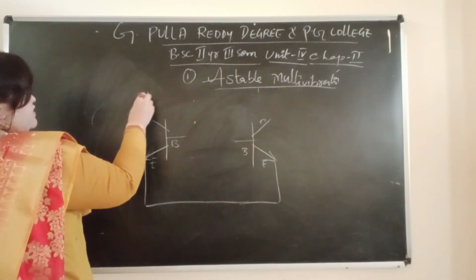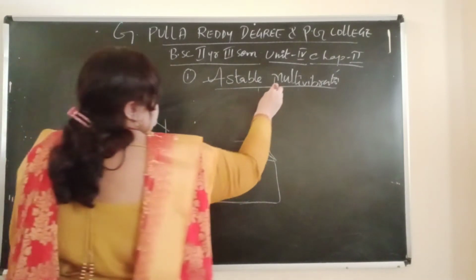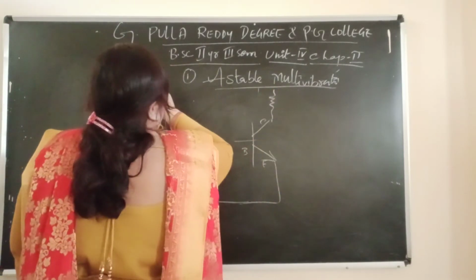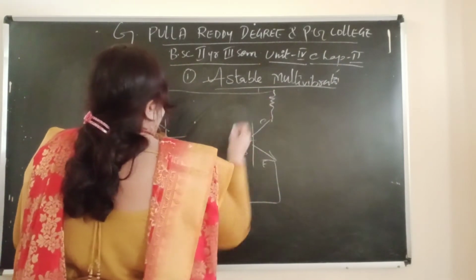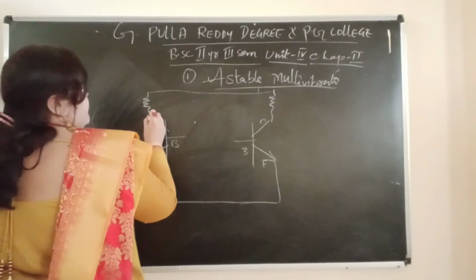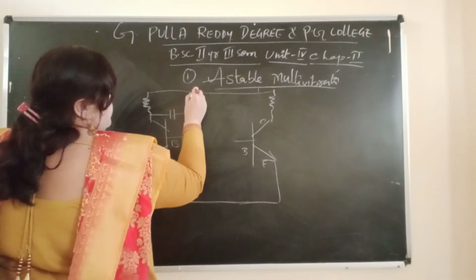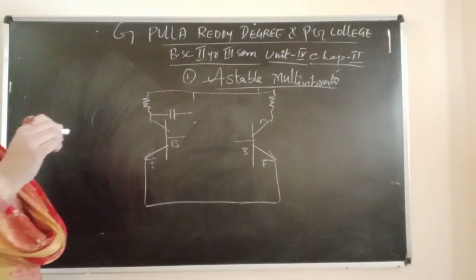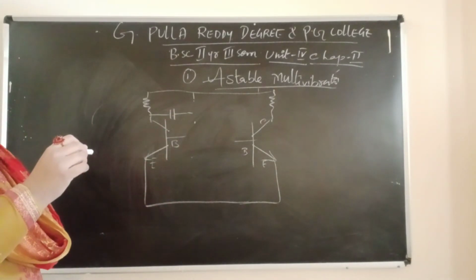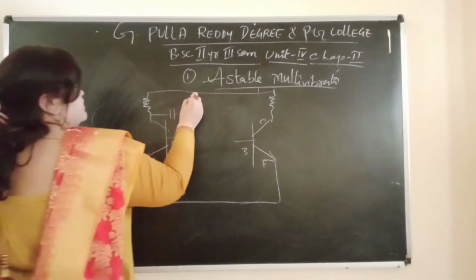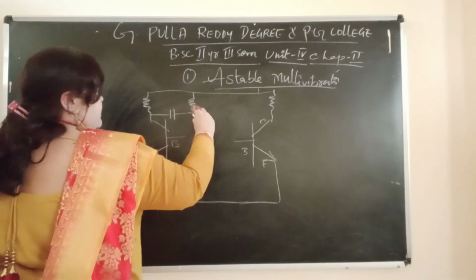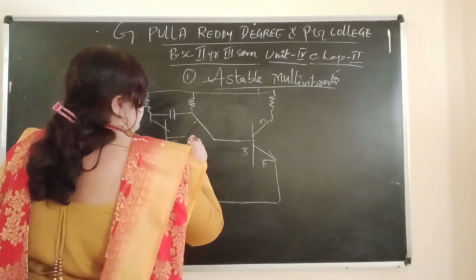Now for this draw one load resistance here, and draw one load resistance. Join them. Then from here draw one capacitor, and a resistor also you should draw, and connect this in cross coupling manner.